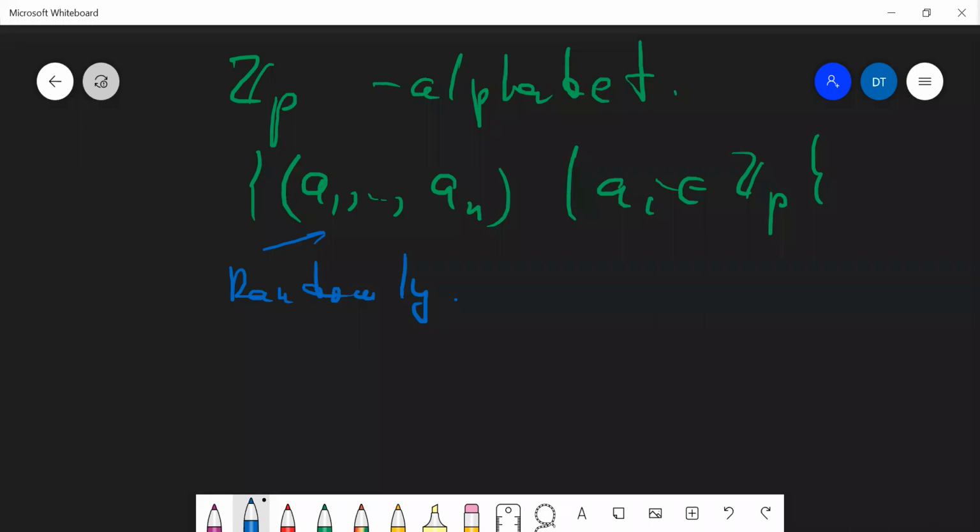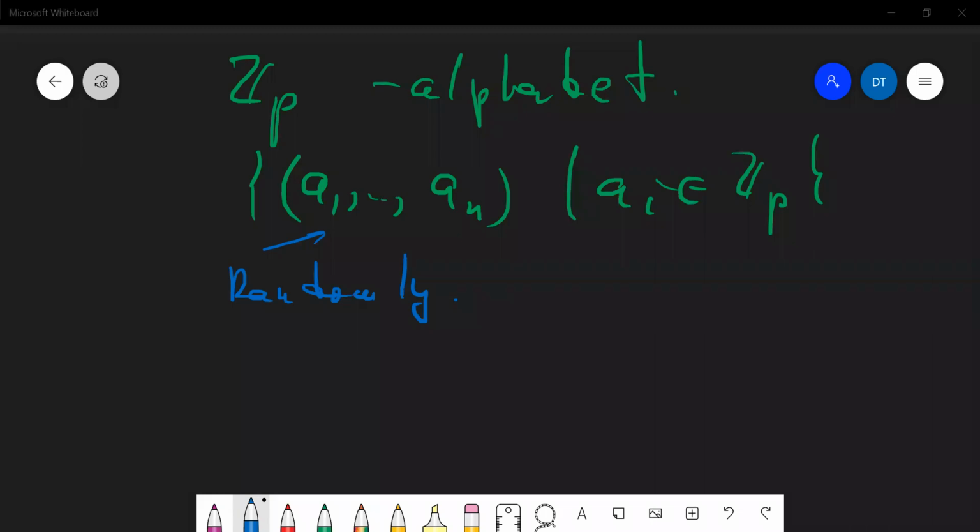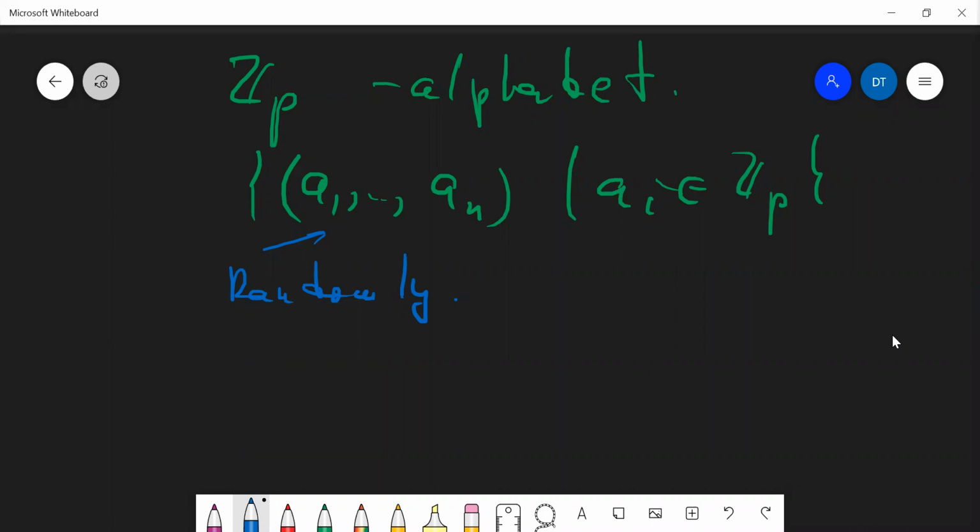Well, first of all, what constitutes randomness? Okay, let me explain. We want a sequential procedure, a function. Let's say we want to write an algorithm for a function, and this function works like this.